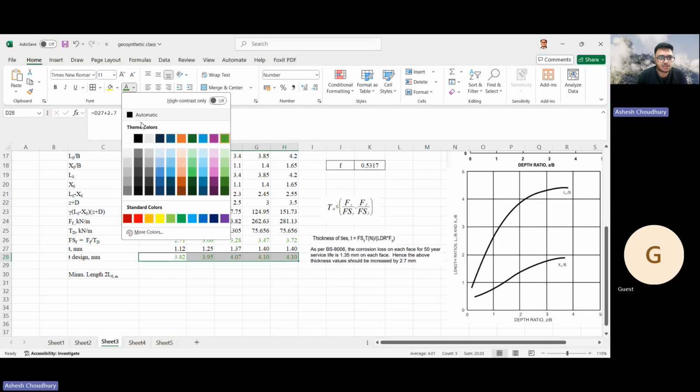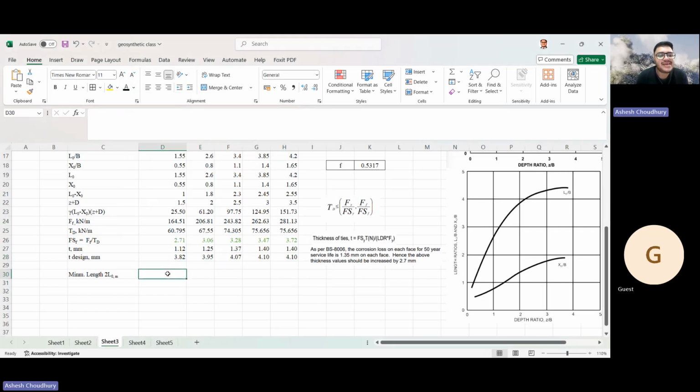Now, what is the minimum length? The minimum length is the minimum length of the reinforcement. If you remember, on one side from the center line it was L naught, so twice L naught will give me the minimum length of the reinforcement. So L equals 2 times L naught.